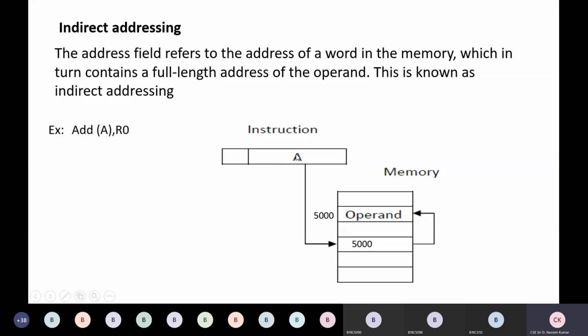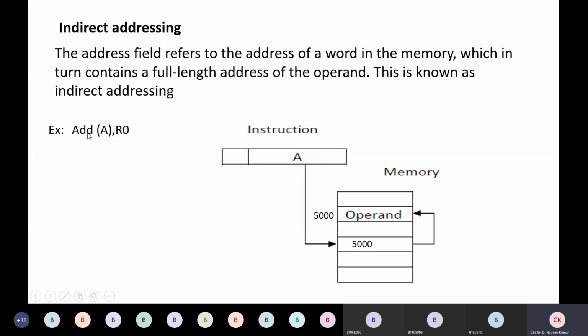In the operand part we have some address; I go to that address and there is another address, and in that address I find the value. So here you can see this A in brackets follows indirect addressing, not R0. Only this operand in brackets is following indirect addressing.